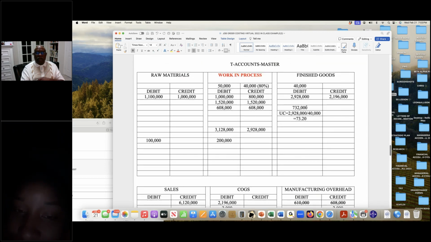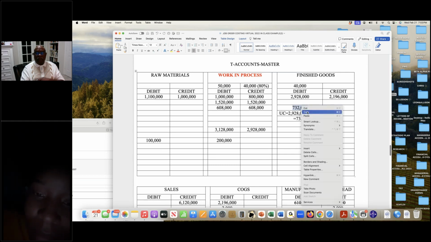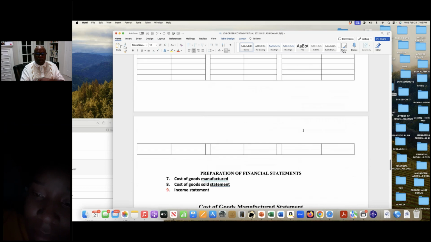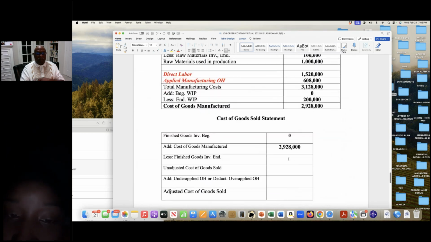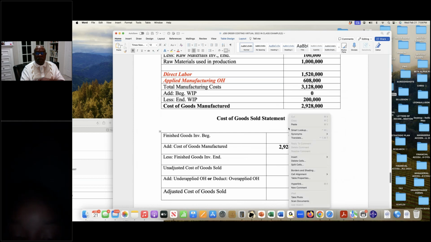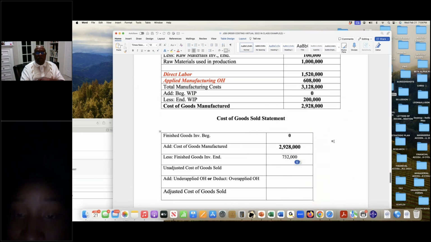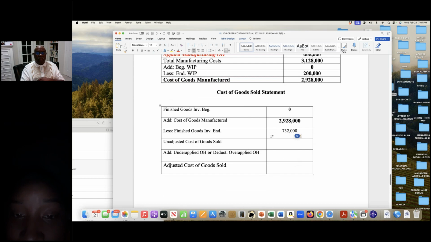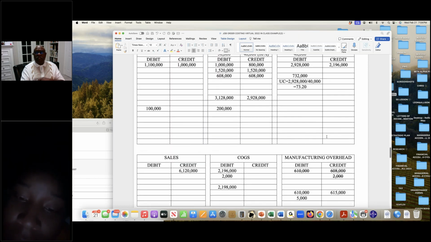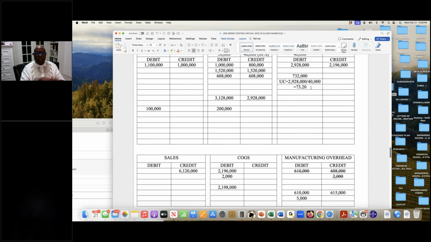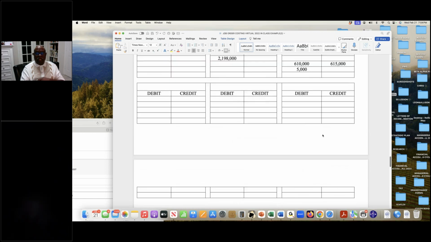If you remember, our finished goods ending was 732,000. Then we simply reduce cost of goods manufactured by the ending inventory. So our unadjusted cost of goods sold is 2,196,000, which is what we transferred to cost of goods sold.